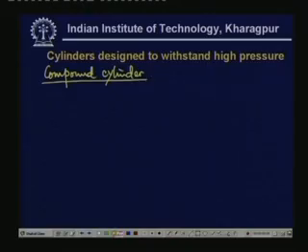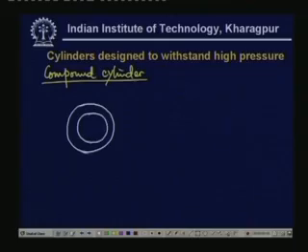We know that if a second cylinder is pressed or fitted on the top of the first cylinder, then a compressive stress develops. So, this is the inner cylinder and a compressive stress P is developed.